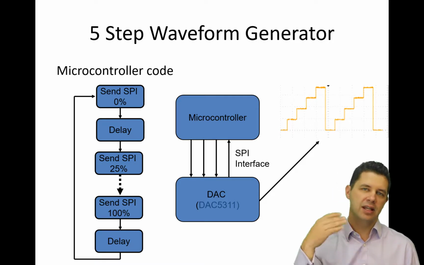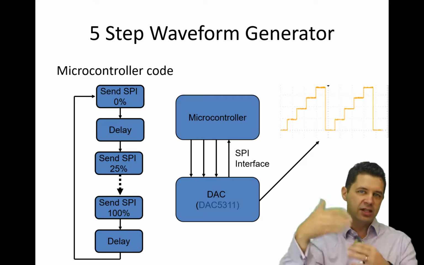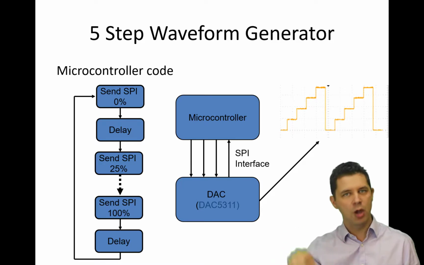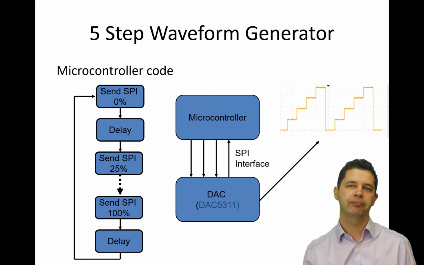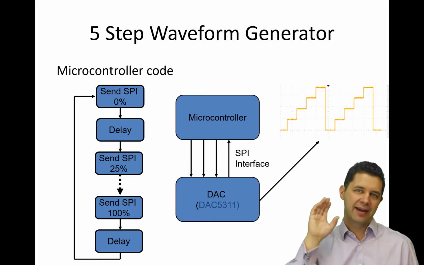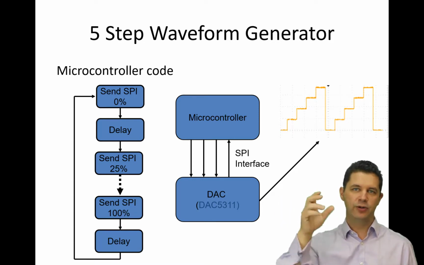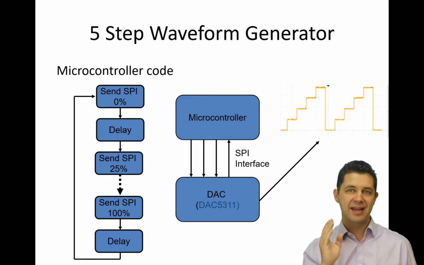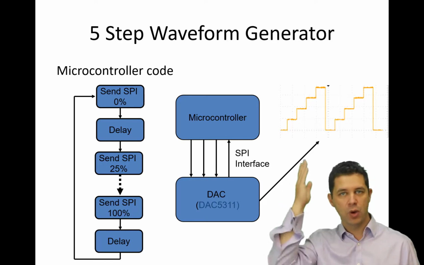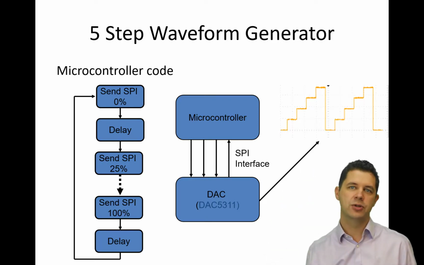Delay for a bit, send a command 50%, and so on until we get to 100%, and then we go back around to 0. You can see our connection there between our microcontroller and our DAC, and that serial peripheral interface between the two. And then our DAC will give the output that we want just above, and that's one we've captured on the oscilloscope.